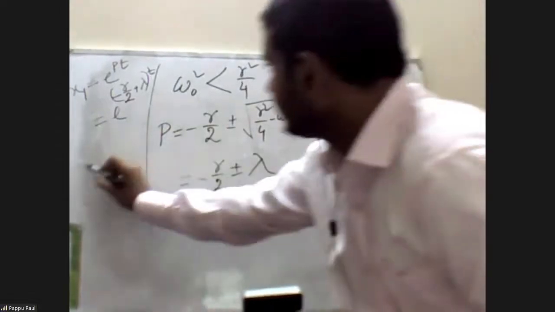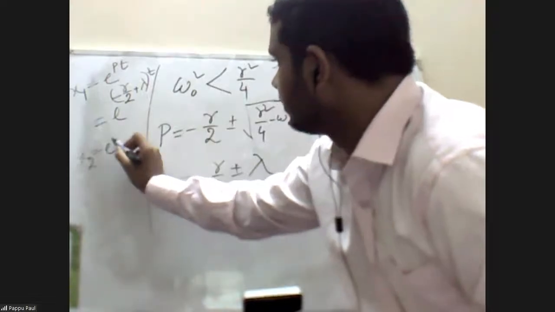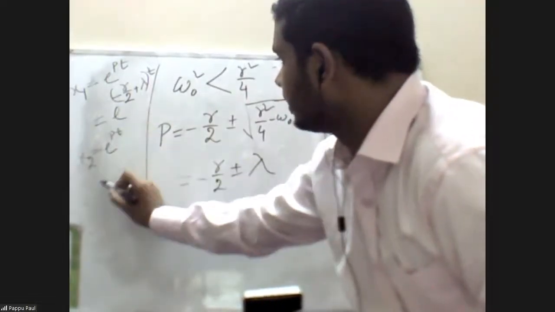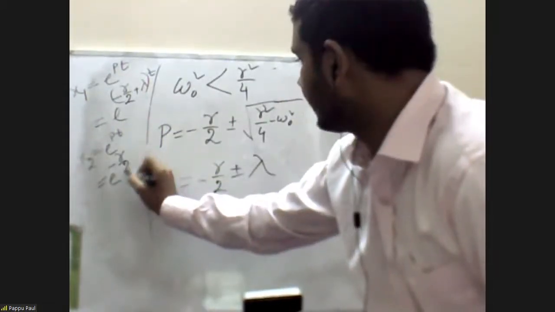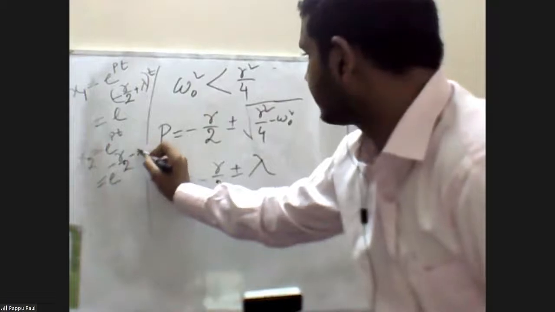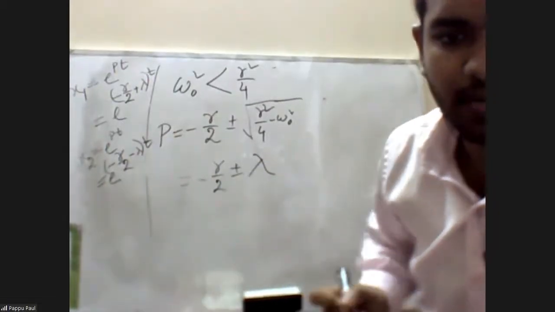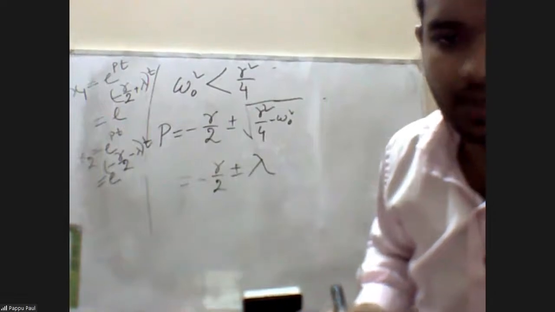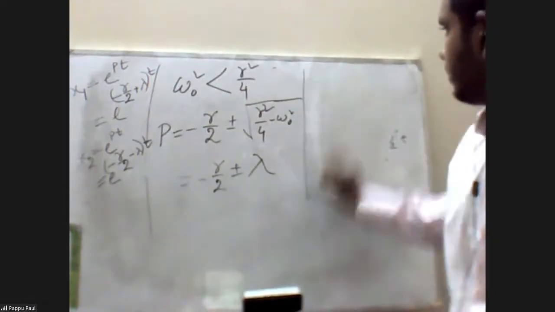And our other solution will be x2, e to the power pt, and we can write this as e to the power minus gamma by 2 minus lambda into t, right? We can write down the total solution.